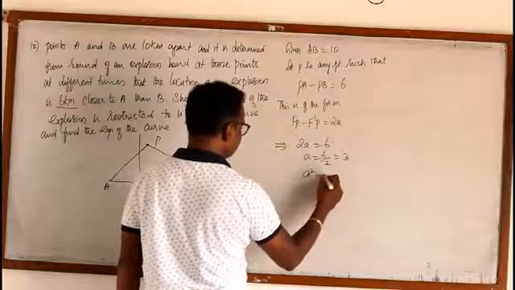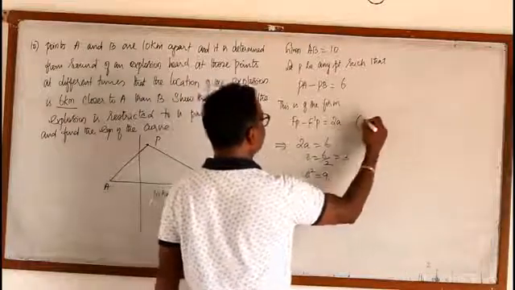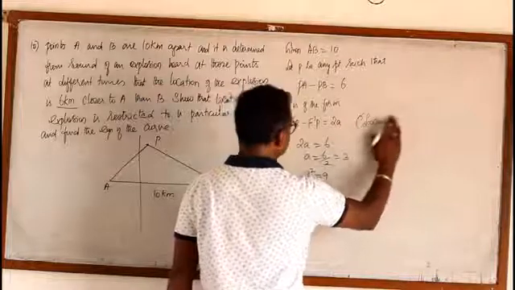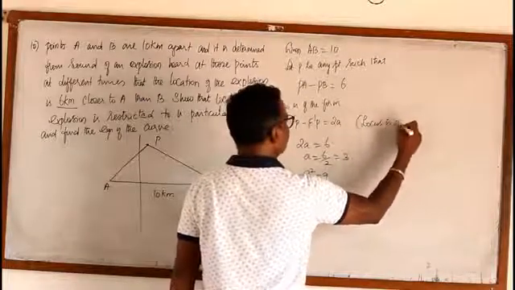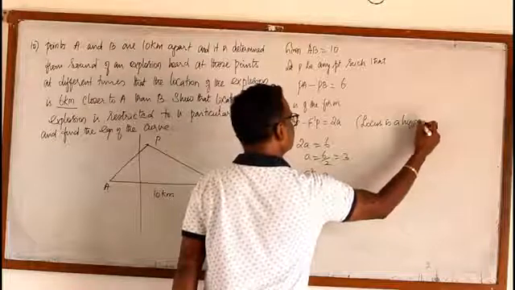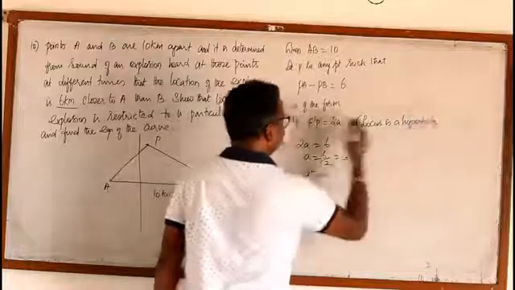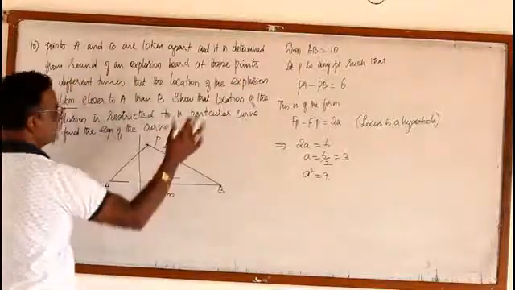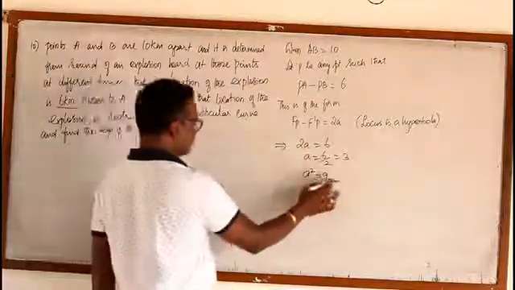Therefore a square is 9. So here I can confirm the locus of the curve is a hyperbola, and a square is 9.